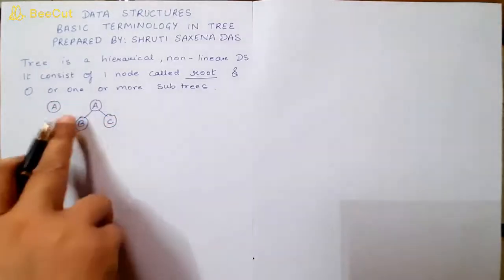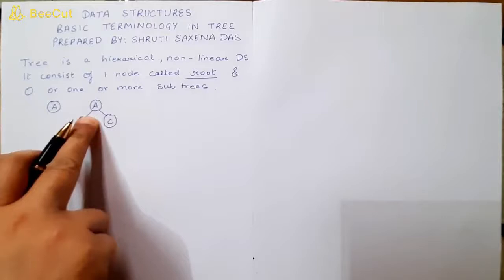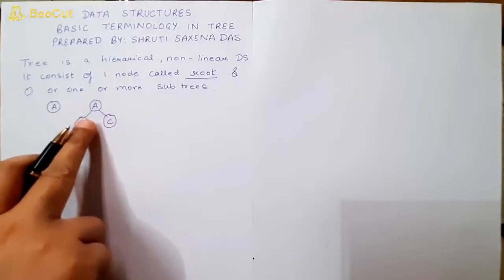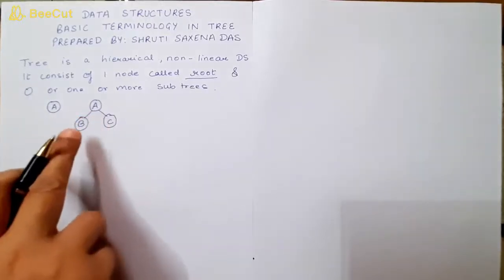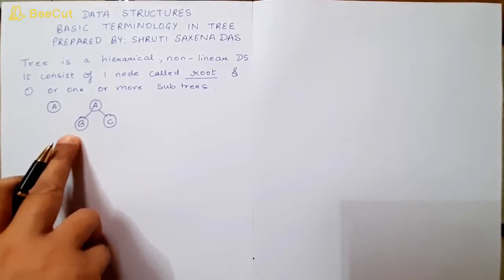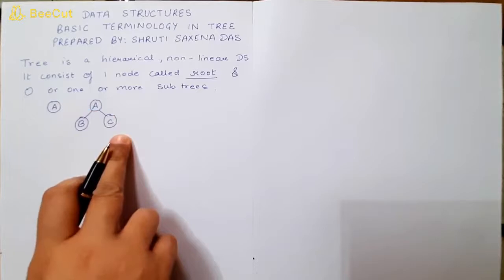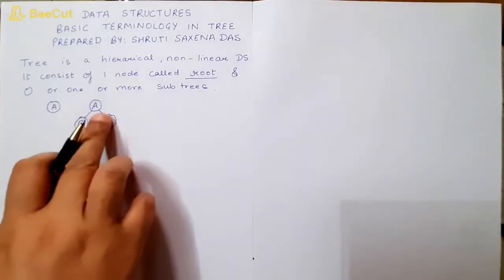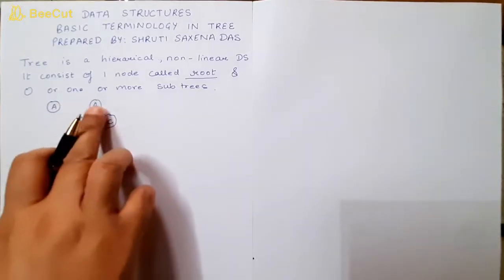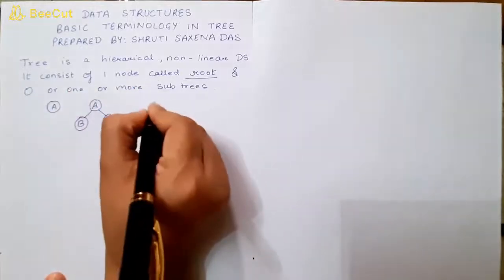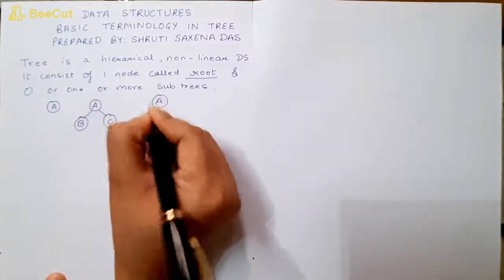then A is your root node. The topmost node is known as the root node. In this case it is A. It has one left child and one right child. The left one is B, the right one is C. So here we have two children of A. Or you can have a case like this.